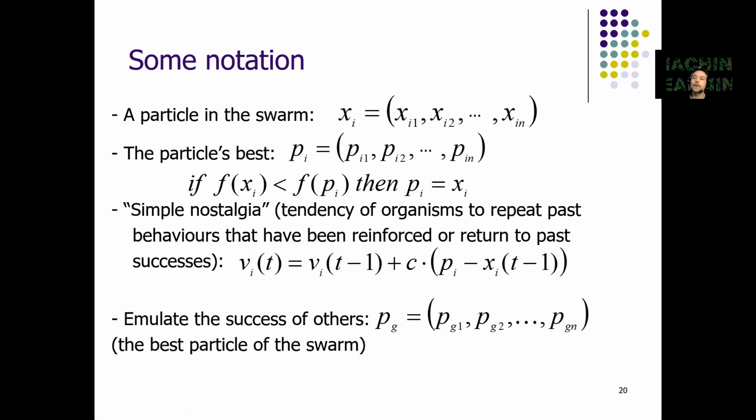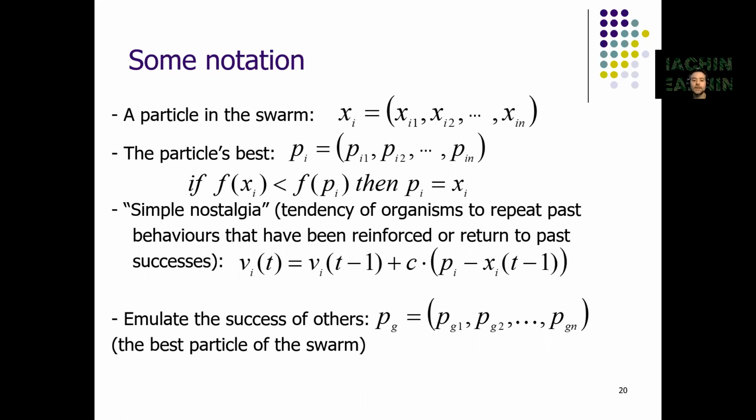Remember we are talking about vector spaces, so you have a difference between two vectors, and this is used as a velocity, as a tendency for this particular particle to move to regions in the space where previous success was found.